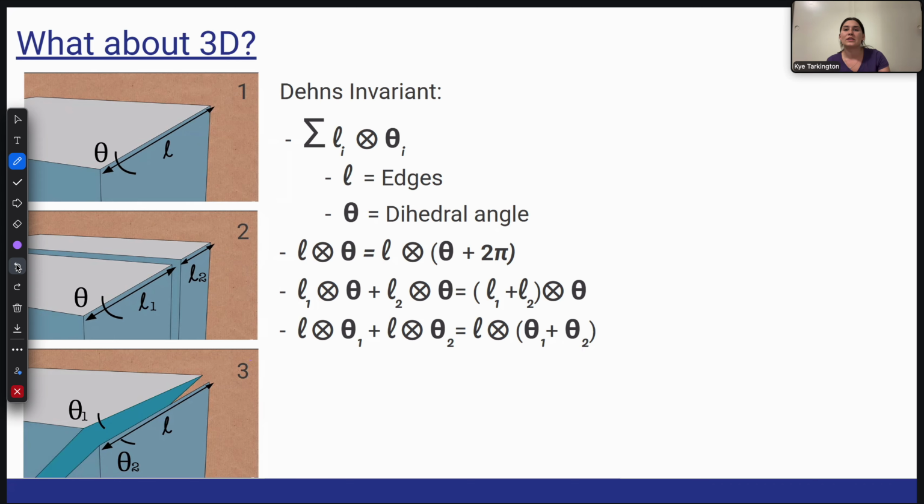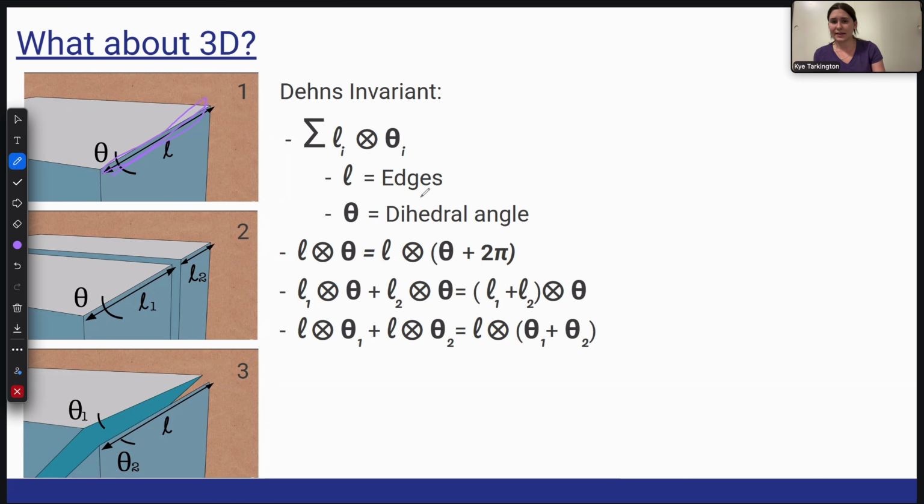The Dehn invariant is just this complicated, scary stuff over here. This tensor product right here is just a relation. We're not going to go into what it is right now because that is well beyond the scope of our research, but I will go a little into it. This L is representative of an edge of a polyhedron. In this case, I think we're looking at some sort of cube.